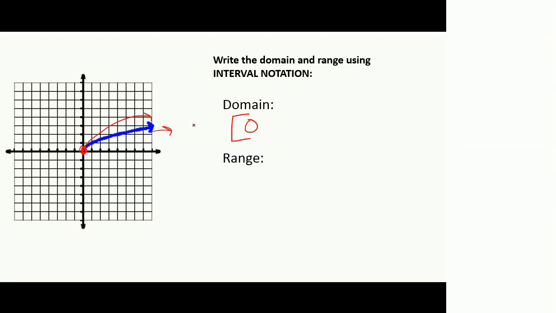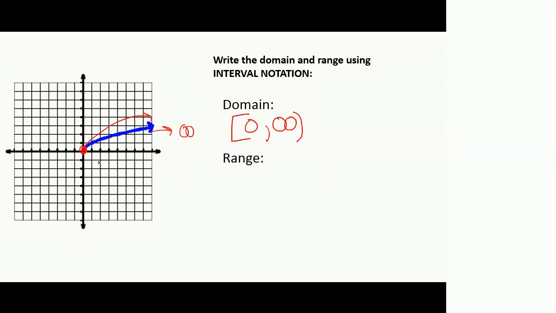Forever is infinity, so I'm going to infinity. Can you include infinity? No, you can't include infinity because you never really can hold on to infinity. There's always one more number past that. So you put a parenthesis around infinity.